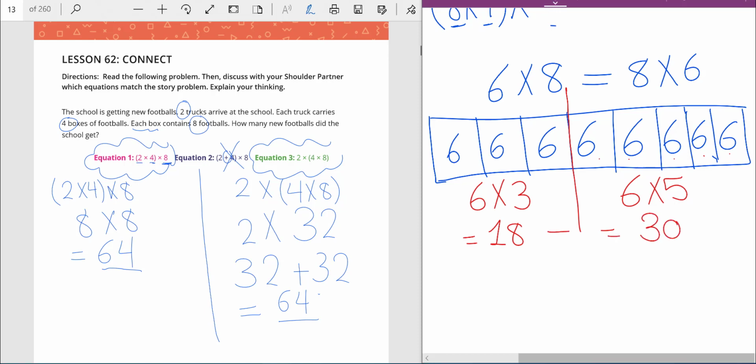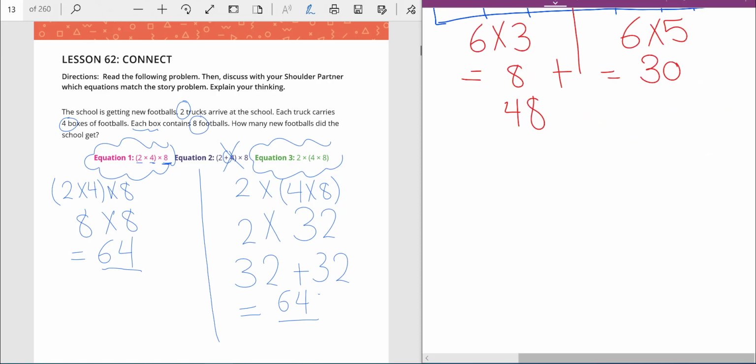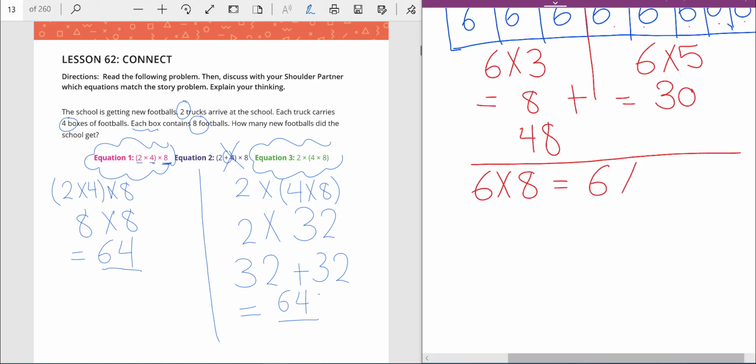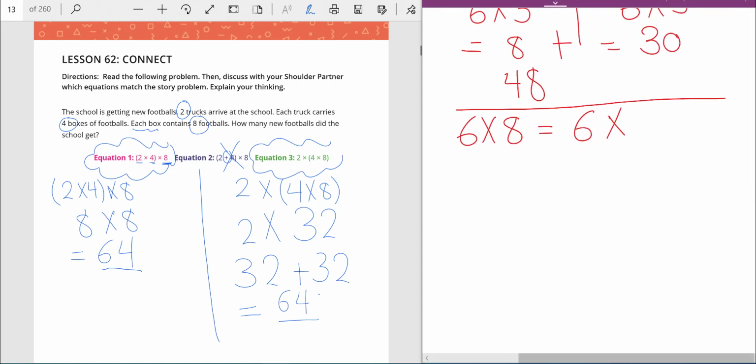Then we get the sum of the two products. So 18 plus 30 equals 48. So the way to solve with the distributive property: if I have 6 times 8, we can replace 8 by its components, 5 and 3.